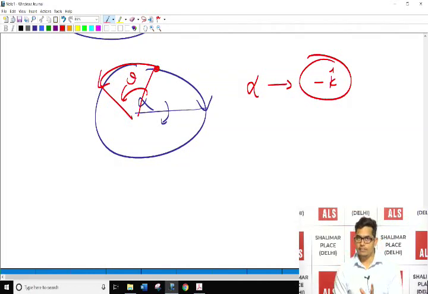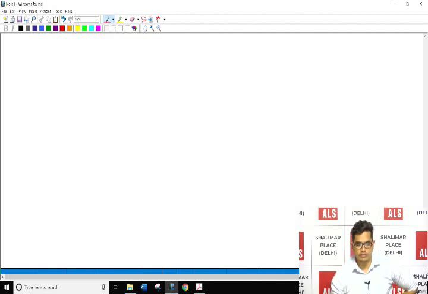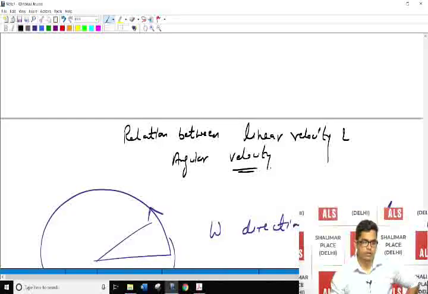Always be conscious that these parameters like angular acceleration, angular velocity, angular displacement are vector quantities, and you can find the direction using your right hand. Roll your fingers in the direction specified and your thumb would point towards the direction. Okay, alright guys, now let's talk about the relation between, let me copy that whole thing.